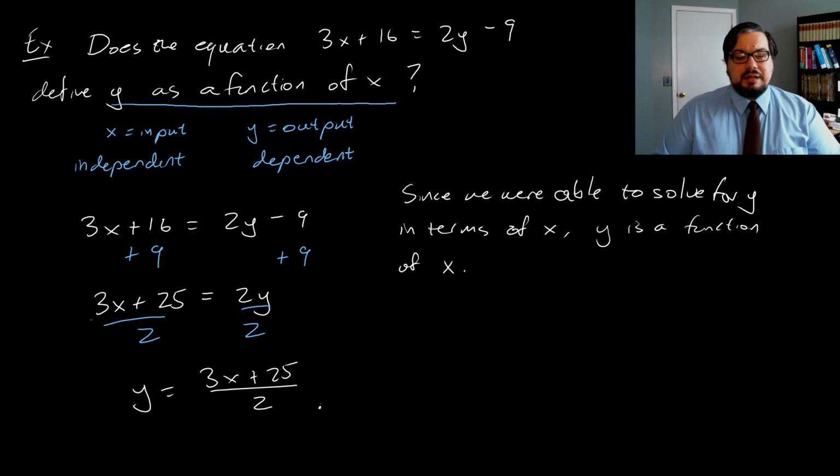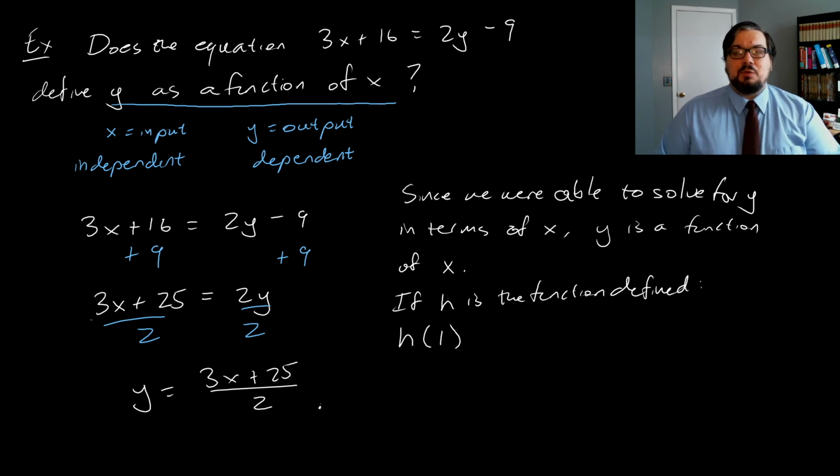So for example, if h is the function defined by this equation, then if we want to know what h of 1 is, we want to know what the y value is that has an x value of 1.